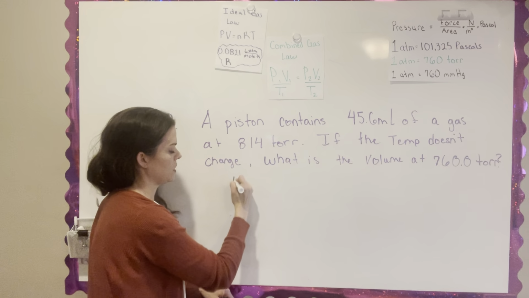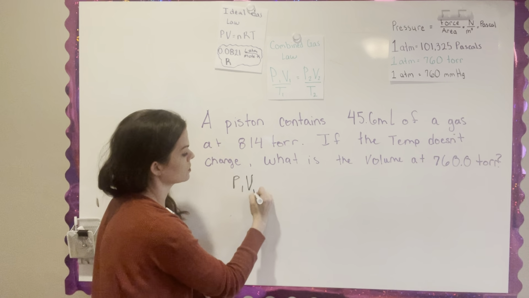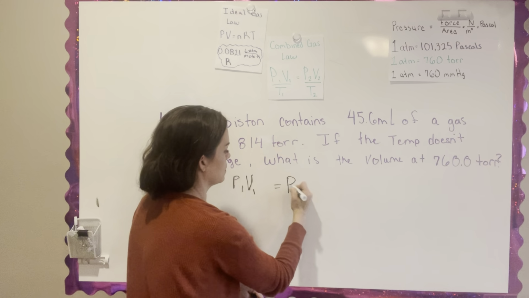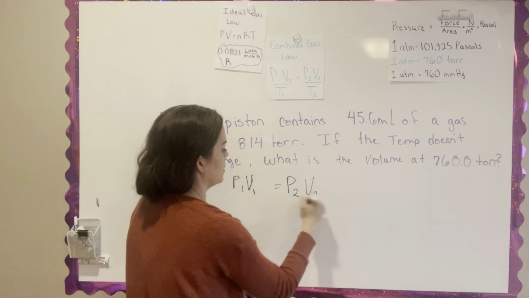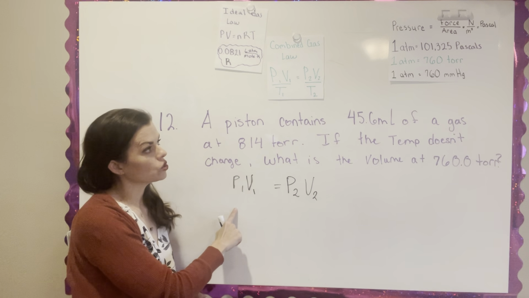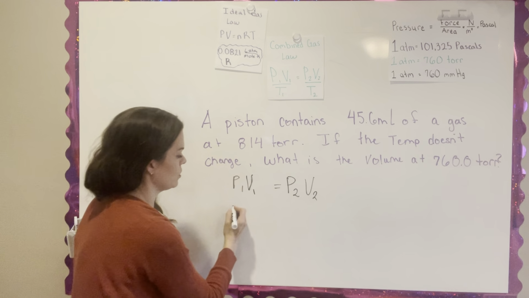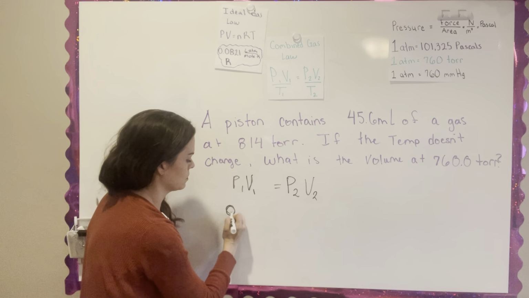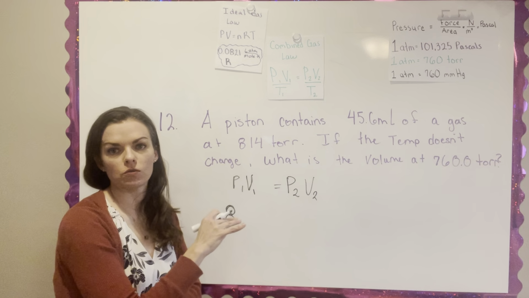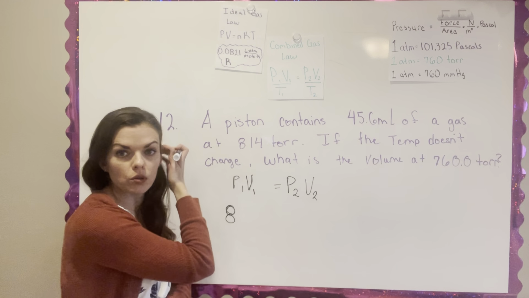So P1, and so I know that the initial pressure is 814 torrs. It's okay to use torrs, I just have to make sure that I use torrs on the other half of the problem too.